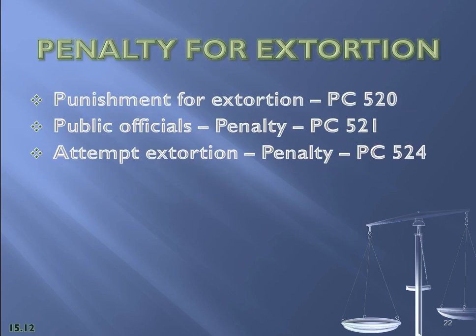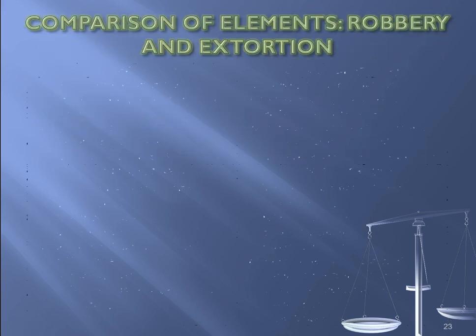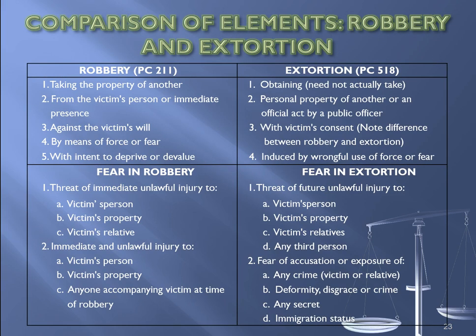So what's the penalty for extortion? Well, they list the penalties in a couple of different sections: Penal Code Section 520, 521, and Section 524. So now what we've put together here for you is a very easy chart, if you will, to compare and contrast what 211 PC robbery is and Penal Code Section 518 extortion is.